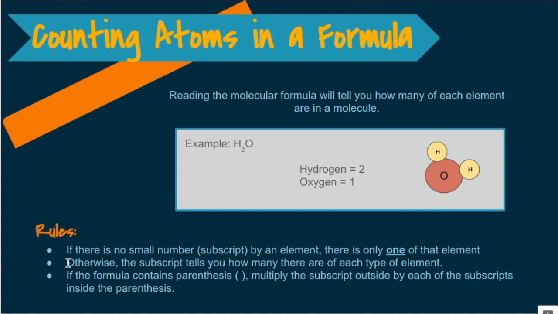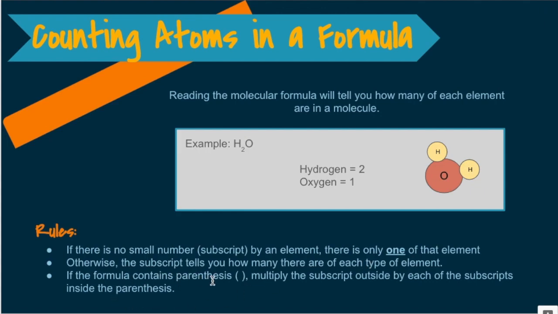So, some of the rules: if there is no small number, like we saw with oxygen, there is only 1 of that element. Otherwise, the subscript, like we saw here with hydrogen, the 2, tells us how many of that particular element is in the molecule.